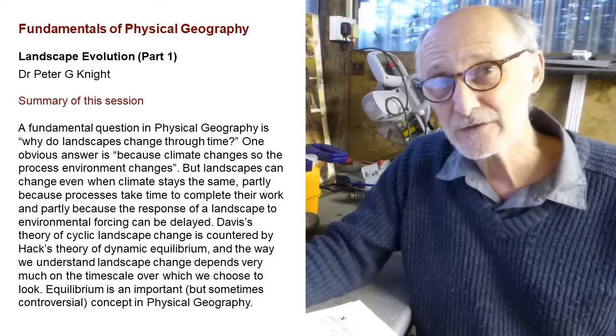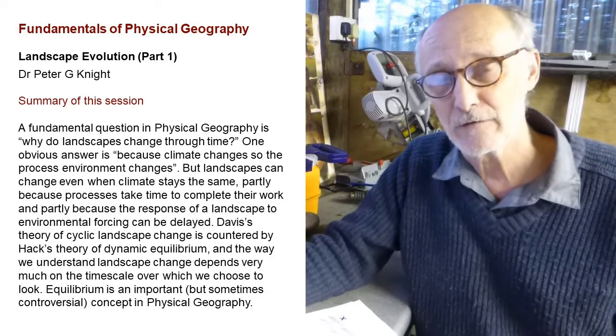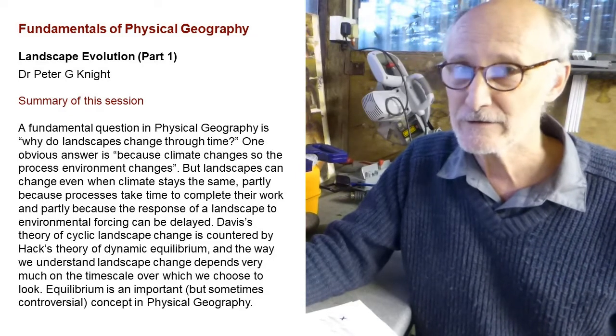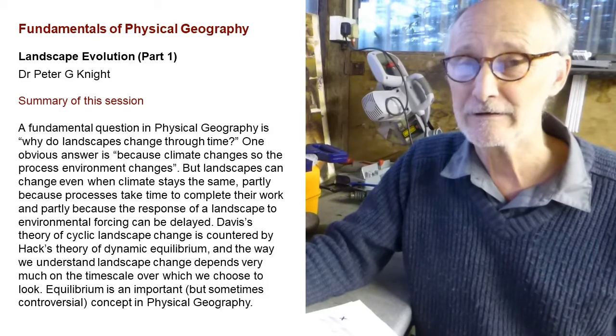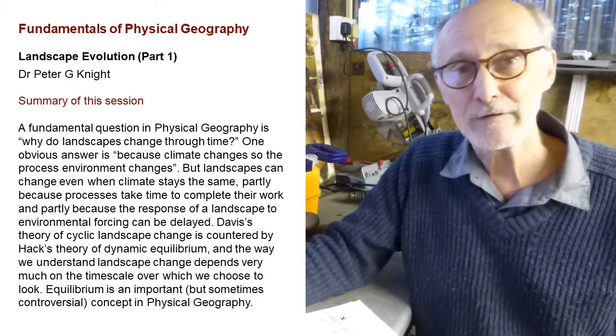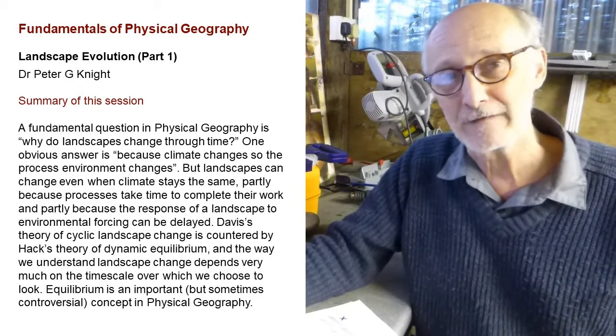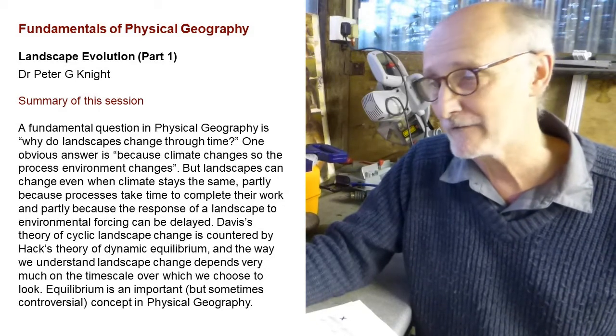But environmental change is not the only driver of landscape change over the course of time. Environmental change is a really important part of physical geography, but it isn't the only driving force, it isn't the only controlling factor. You're already familiar with some of the classic theories of landscape evolution. We've talked about W.M. Davis, for example, and his geographical cycle.